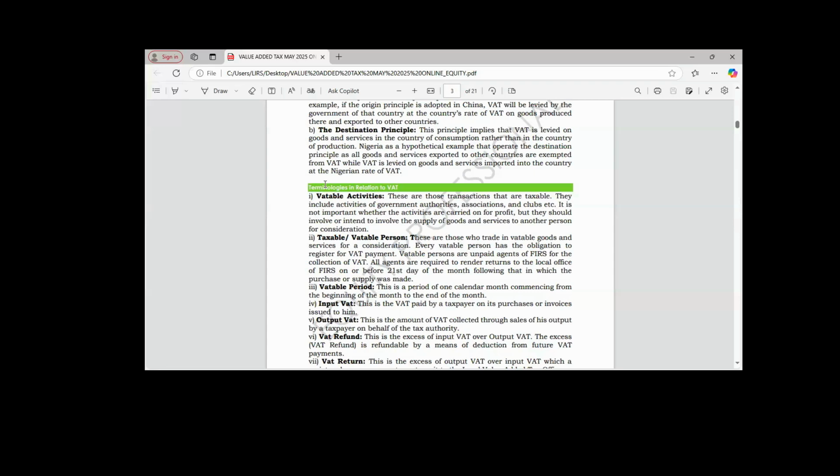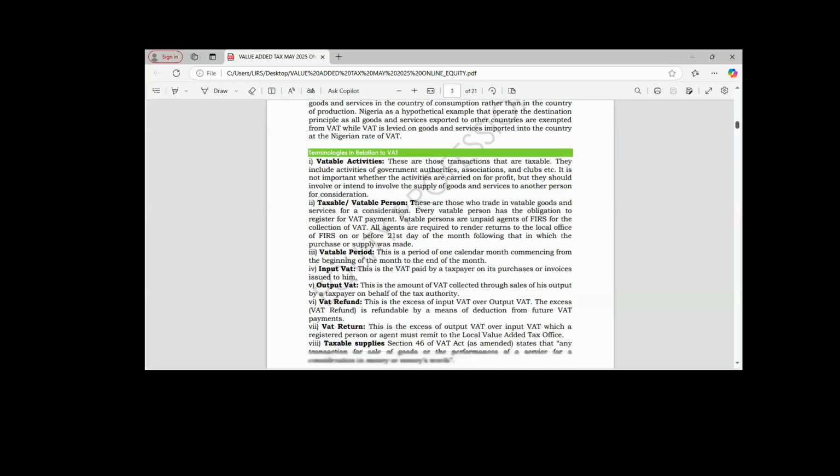Every VATable person is expected to register with FIRS for the purpose of value added tax deduction, and is also expected to remit that amount to FIRS.